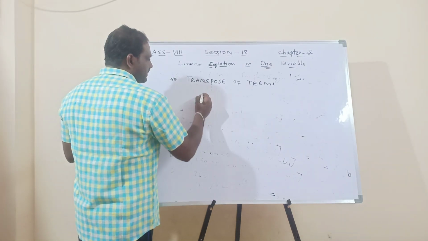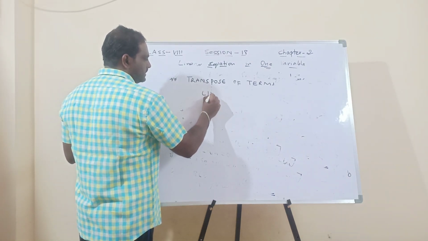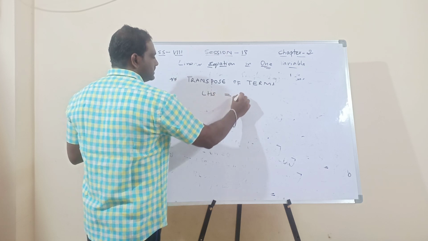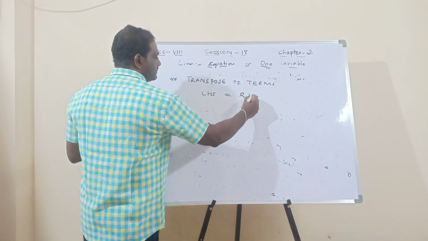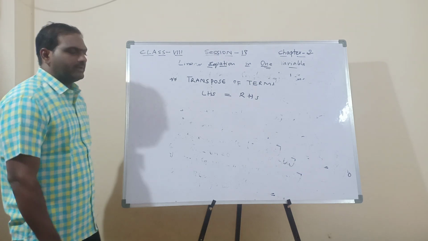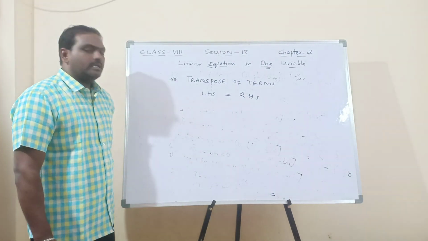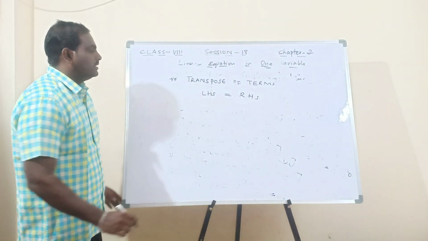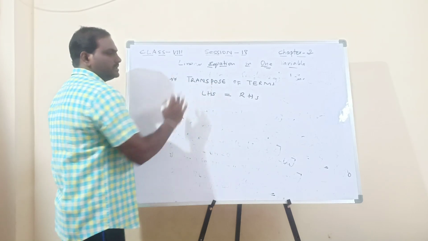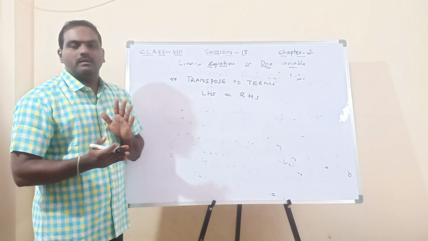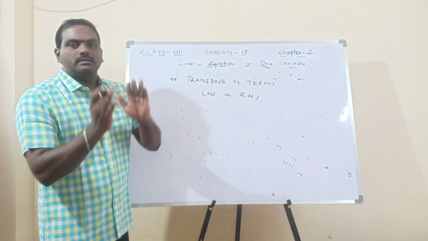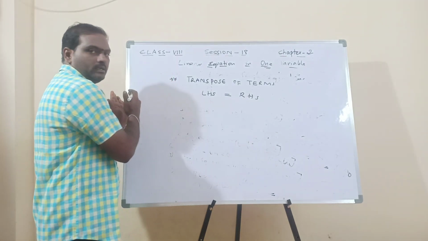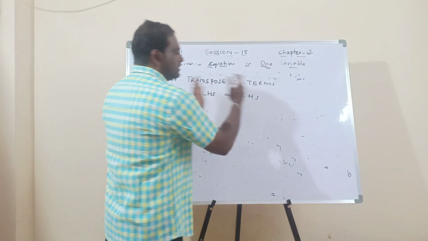So what is this transpose of terms? I already told you, an equation will have LHS and RHS. LHS stands for the left hand side and RHS stands for the right hand side. Transpose means we have to write the variables on one side and constants on the other side.